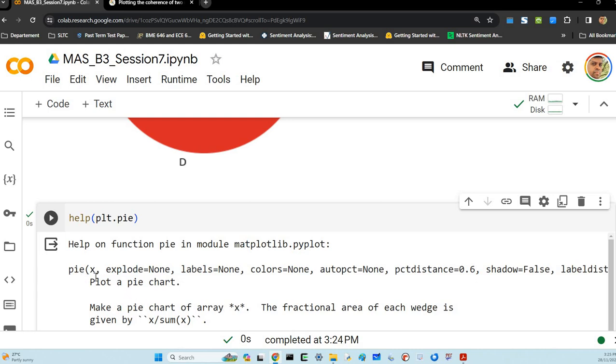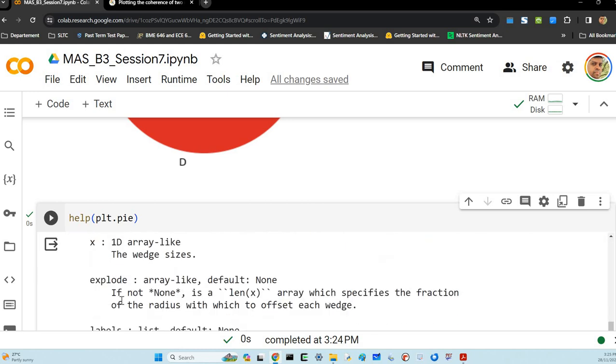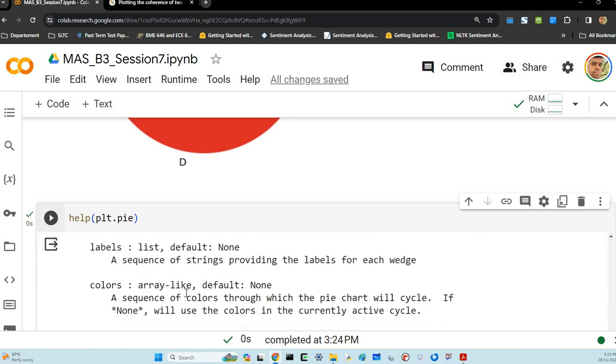For example, here is the detailed description: pie x, explode none, labels none, colors none, autopct none, the distance value. There are many others that you can change, right? All the information is here, like we discussed earlier.